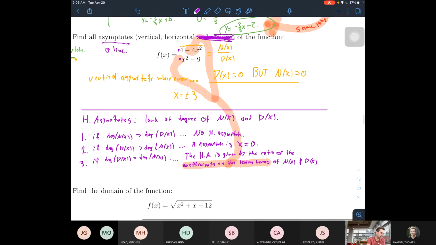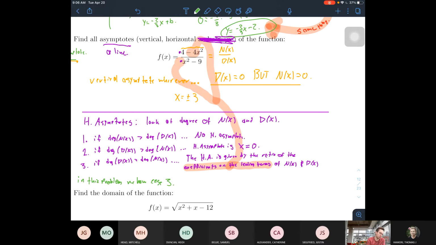So in this problem we have case 3. The degree of the numerator is 2.